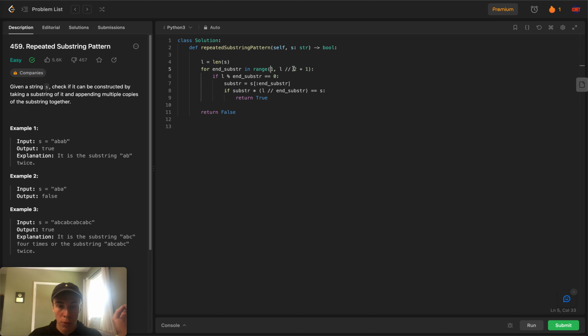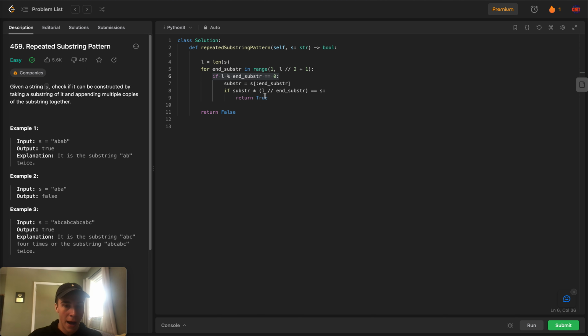So if the substring doesn't exist in the first part of the input string, then we automatically know that it's false. Now that we are exploring the first half of this input string, we have to see what different ways each one of those initial substrings can make up the whole string.